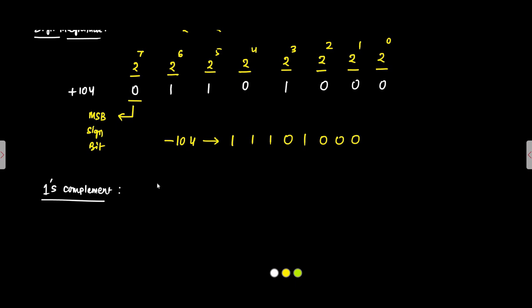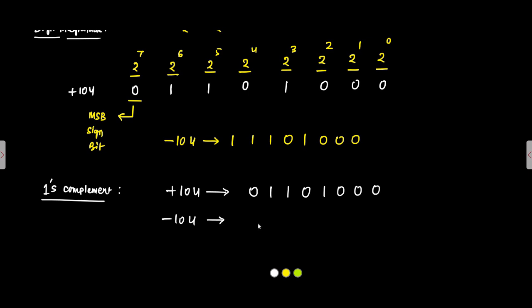So in 1s complement, what we'll do: 104 is represented as 0 1 1 0 1 0 0 0. So minus 104 will be represented as the 1s complement of this. That is, we'll change the 0 to 1 and 1 to 0.